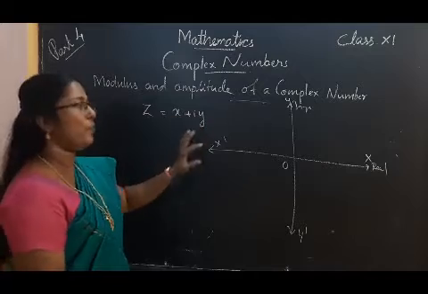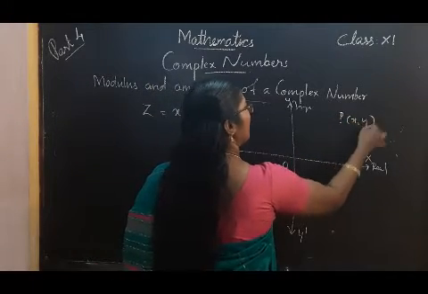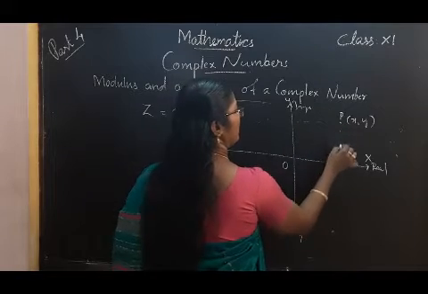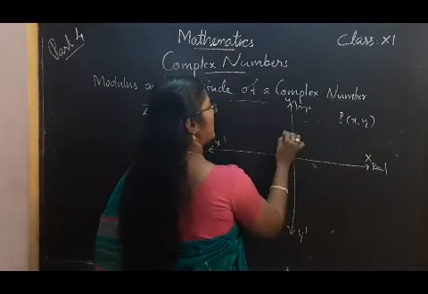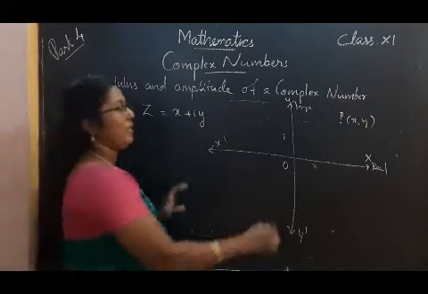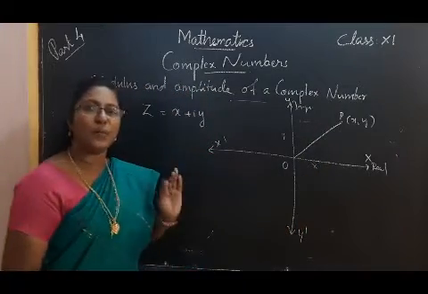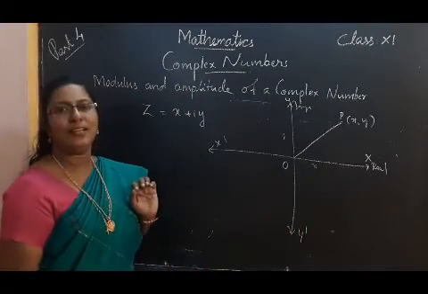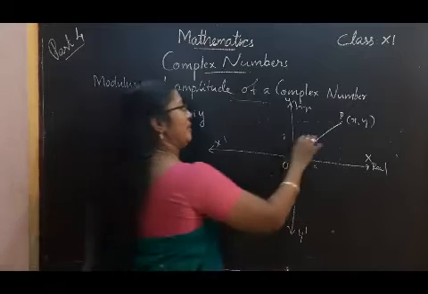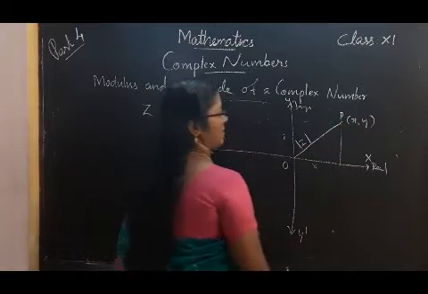Here x and y are both positive. Consider P as (x, y): this is x, this is y. Our aim is to find the modulus. Join OP. The length of OP is called the modulus of this z.